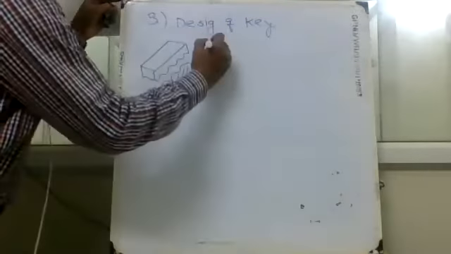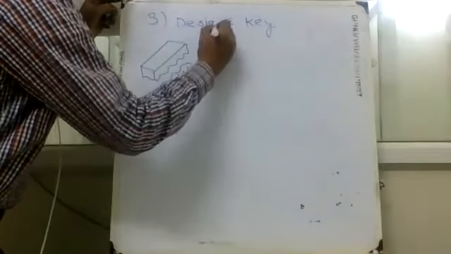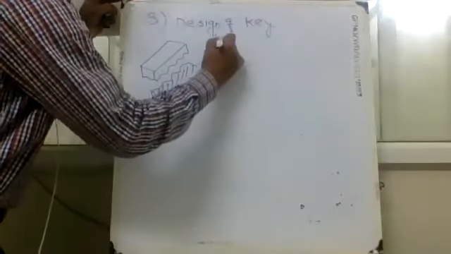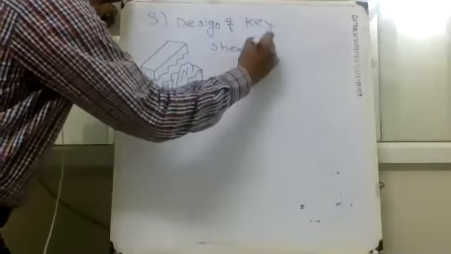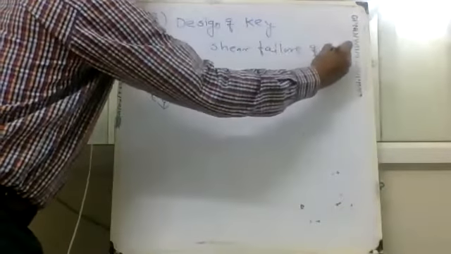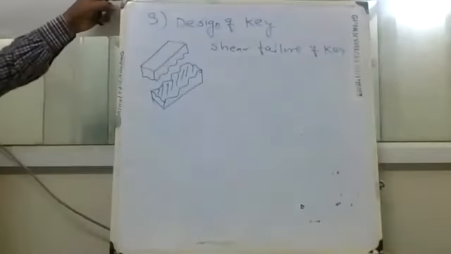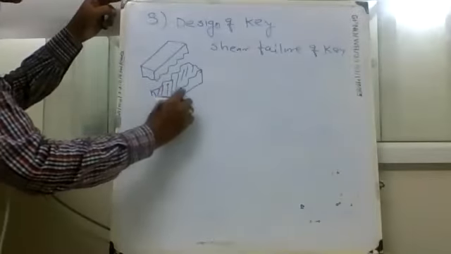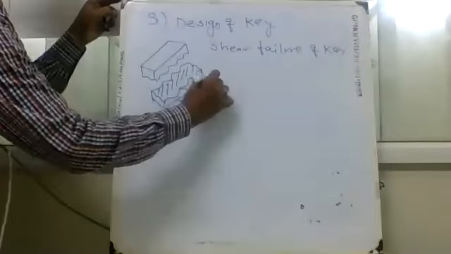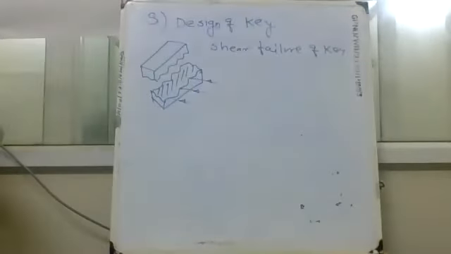So this is the shear failure of key. Now here there is a force which is applied on this point and it is going to fail.